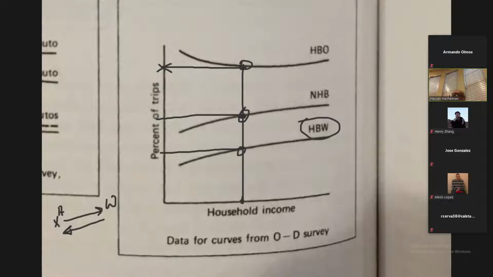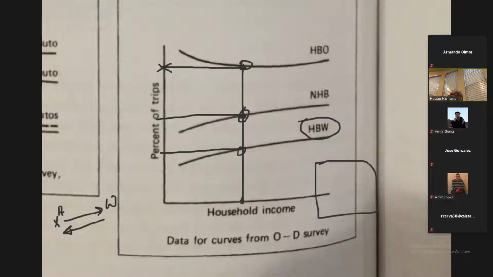The shortcoming of this model is that it's difficult to forecast. If you have a zone, it's very difficult to figure out in the future, let's say 25 years from now, how many households will have no car, one person in it, or one car, one person, or two persons, and two cars, and so on.